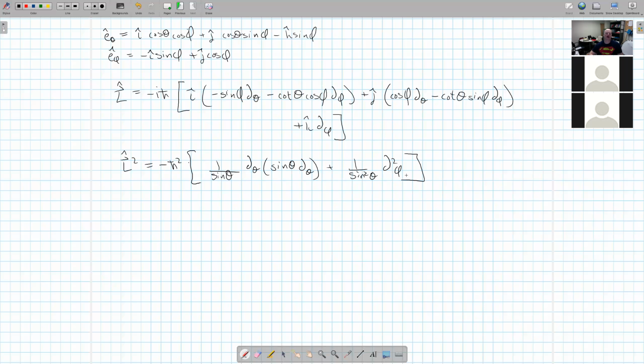So this is my angular momentum squared in position space in spherical coordinates. This is the final result that we want. Whew.